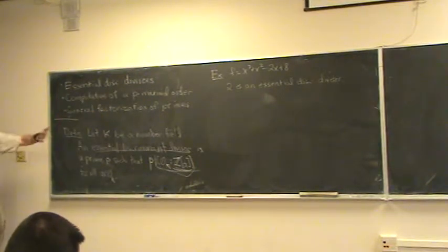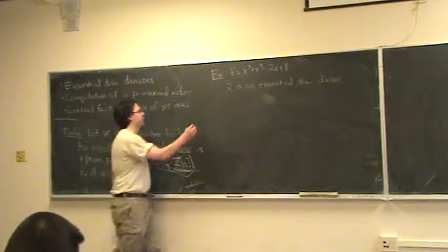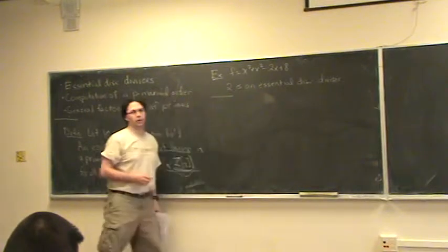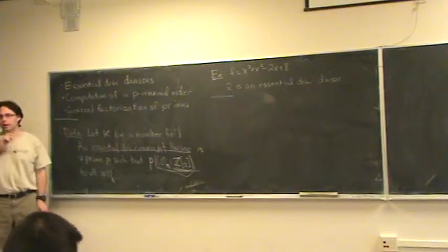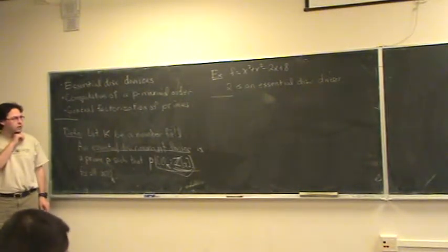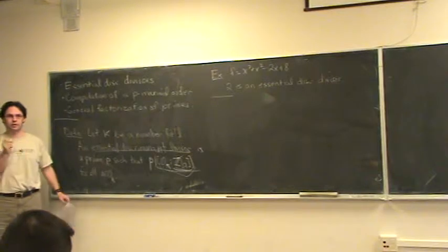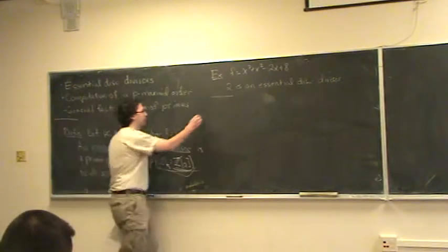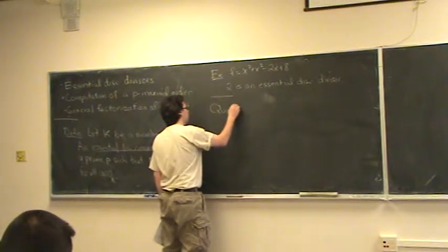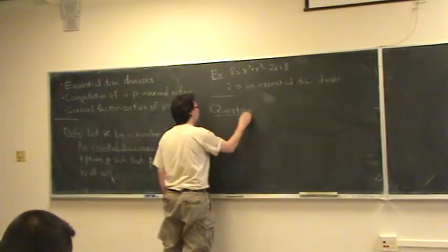So 2 can be one, and I think actually any number can be the discriminant divisor of some field. I don't actually know the relation between the possible essential discriminant divisors and the degree of a field. I just have no idea. So I'll just make that a question, in case you're very curious, you might try to solve it.